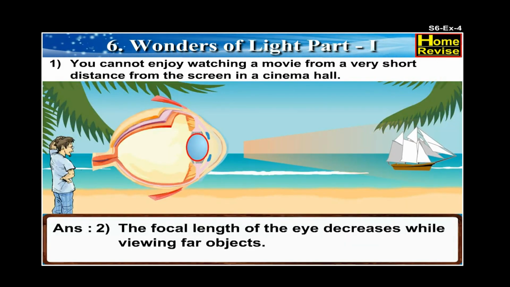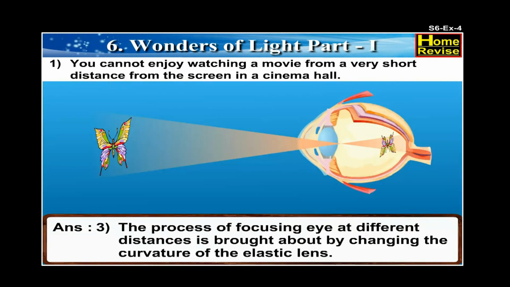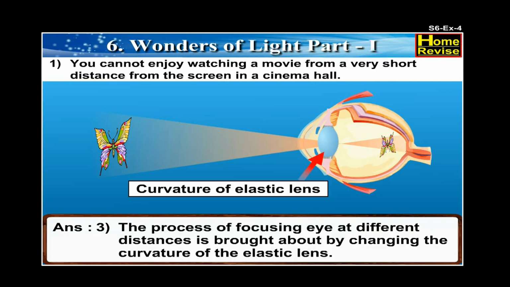The focal length of the eye decreases while viewing far objects. 3. The process of focusing the eye at different distances is brought about by changing the curvature of the elastic lens.